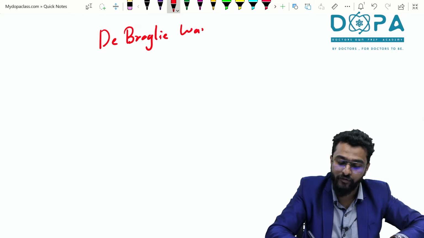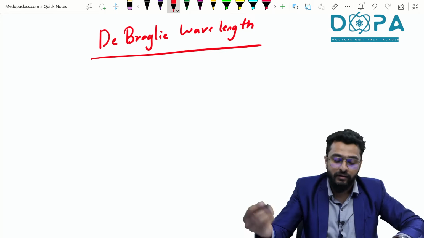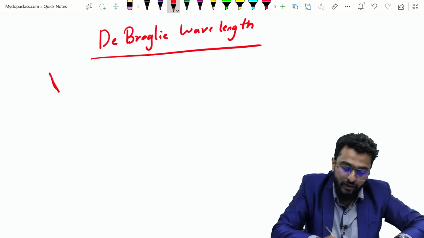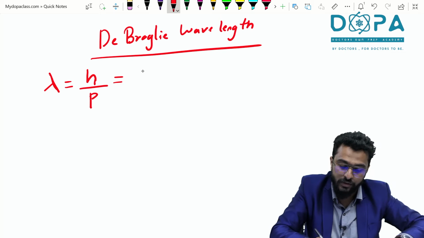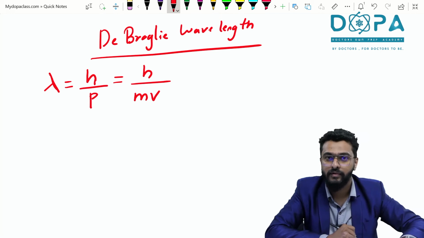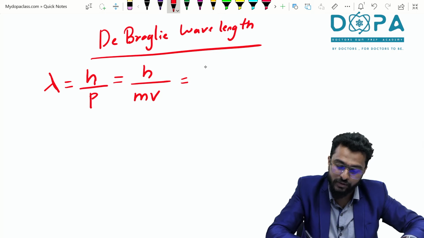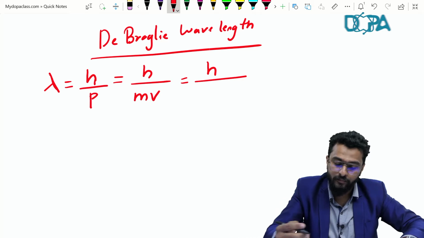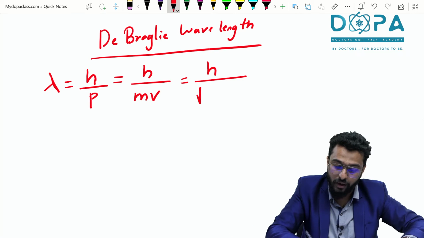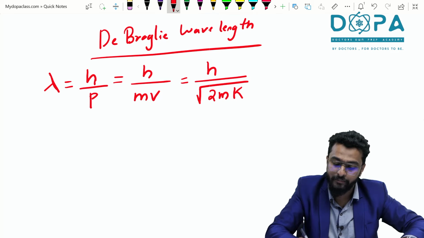De Broglie wavelength equation. Here the de Broglie wavelength, lambda, is equal to h by p, and that is equal to h by mv. Ready? Clear? That is equal to another equation in terms of kinetic energy, that is h by root of 2mK.